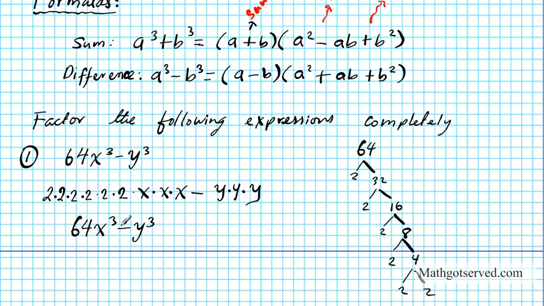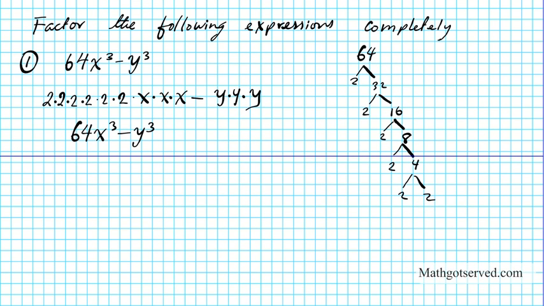This is a minus, so we're going to use the difference of cubes formula, a cubed minus b cubed equals a minus b, same sign first, times a squared plus the opposite, ab, and then always plus for the last one, b squared. So all I need is a and b, and then I will plug them into the formula to find the factored form.